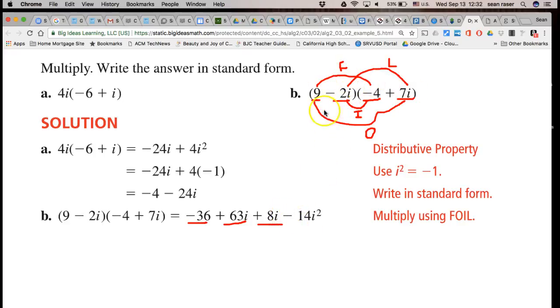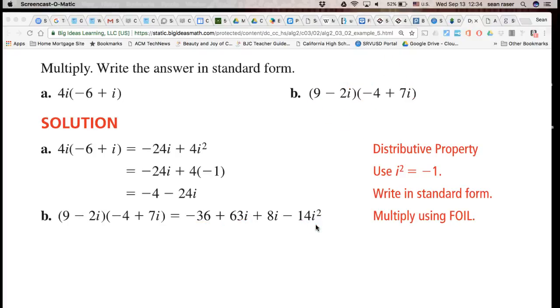So we did first, outer, inner, last. Okay, that's how we multiply. You've all done this in Algebra 1, so this is just a review. And we get -14i squared. Now it's just a matter of combining like terms. So here we've got -36, 63i plus 8i is going to get 71i.